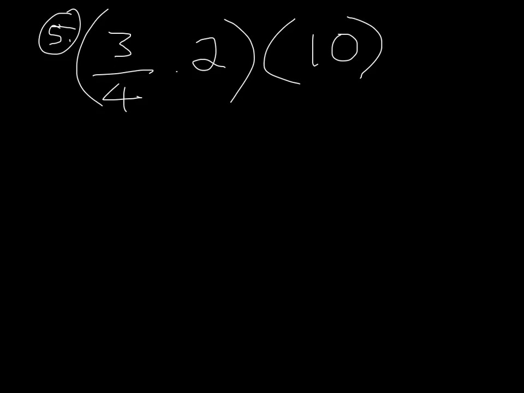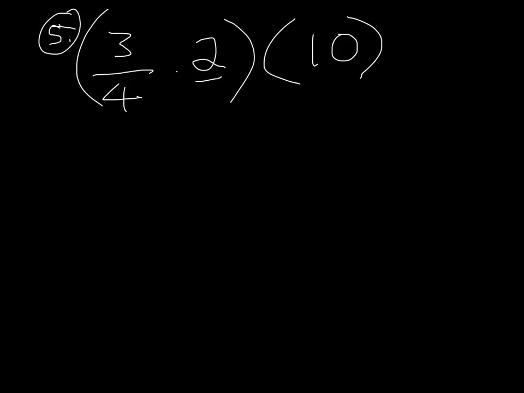Number 5 is a little bit tricky, as it has a fraction in it. We have the quantity 3/4 times 2, times 10. If we work out this first part, doing what's in parentheses, we have 3 over 4, which means 3 divided by 4, times 2. This is a bit tricky, but if you remember, we can write each whole number as a fraction also.